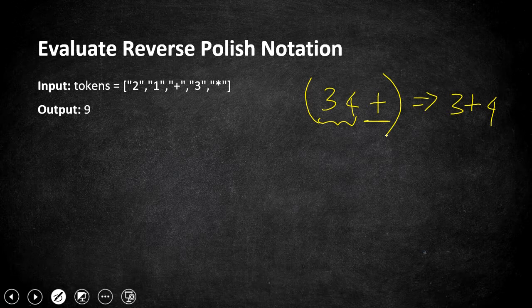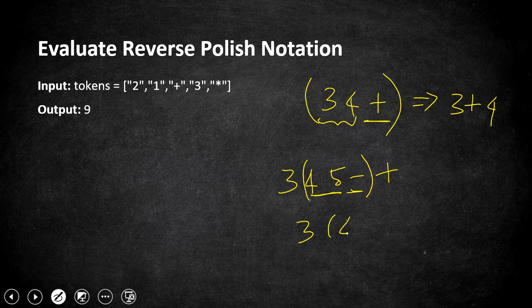Suppose the expression is 3, 4, 5, minus, plus. How will this be represented? As I said, for two operands there will be one operator following. So here are two operands and one operator, and this whole is considered as one expression. If you simplify this, you will have 3, then 4 minus 5, plus.